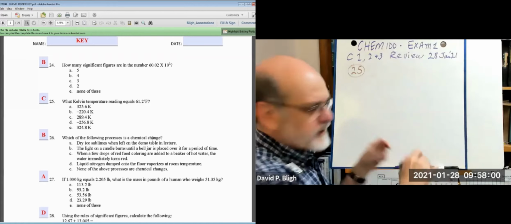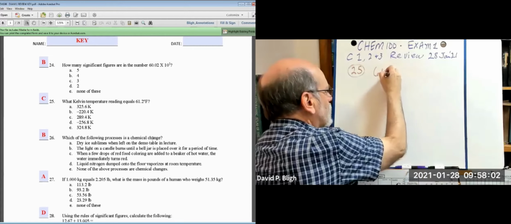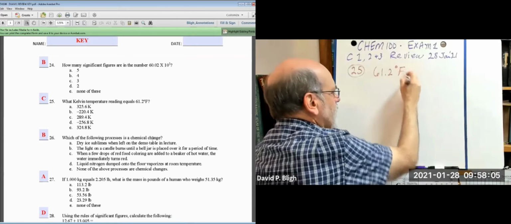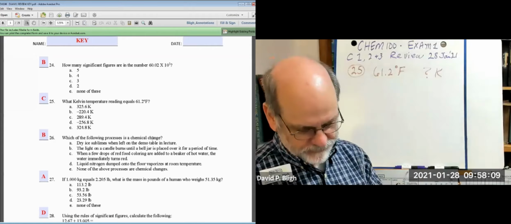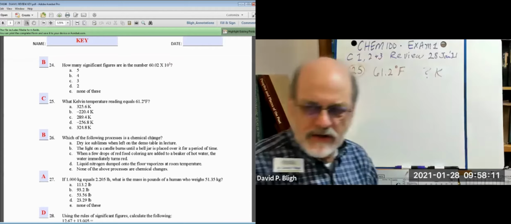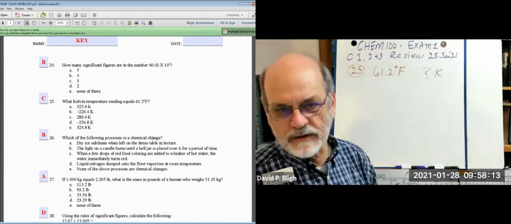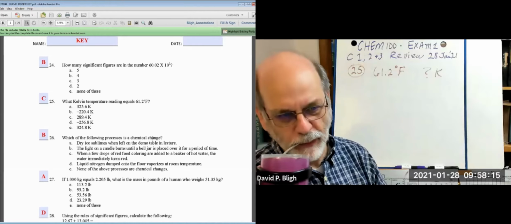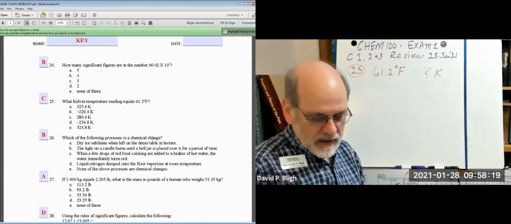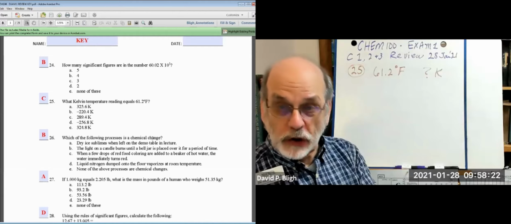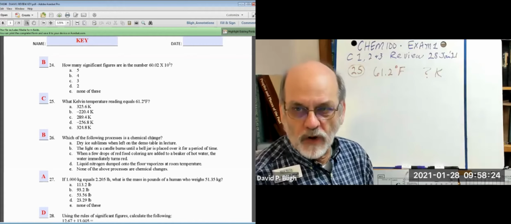So what are we given? 61.2 degrees Fahrenheit. And the question is, what is that in Kelvin? Do we have a direct path to Kelvin from Fahrenheit? The answer is no. We don't have a formula that we've learned to go from one to the other.